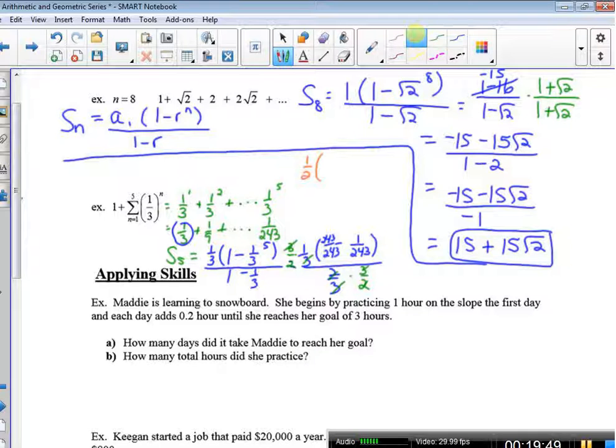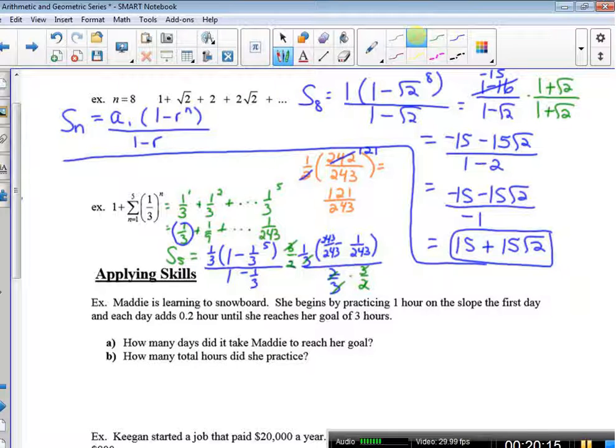times 242 over 243. And then if you simplify that, these cancel to 121. So I end up with 121 over 243.